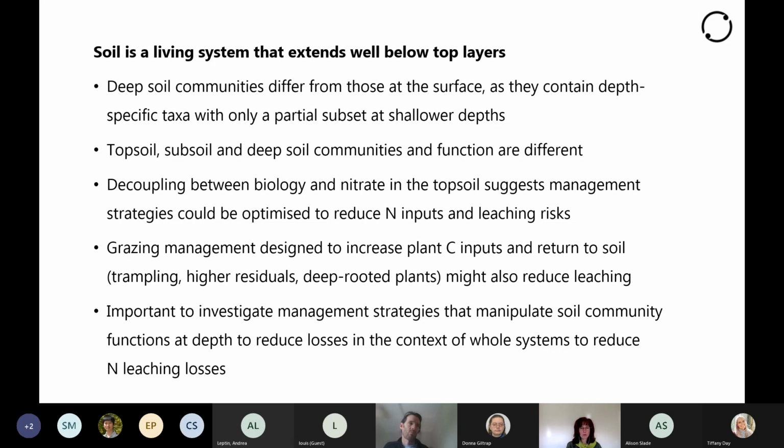What this data is also showing is that grazing management and land use management that are designed to increase plant carbon input and return to the soil might have potential for reduced leaching. And amongst these are loads of opportunities that we don't really fully understand from a scientific standpoint.